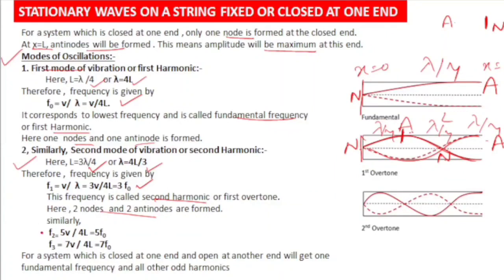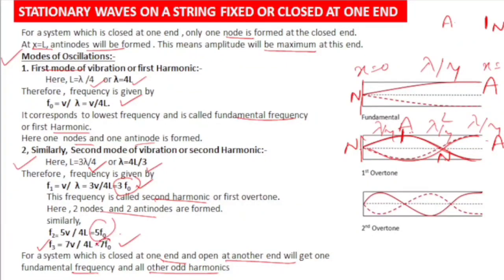Similarly, you can find the next frequency, the third mode of vibration. This is 5 times the fundamental frequency. The next frequency, the fourth mode of vibration, is 7 times the fundamental frequency. So for a system which is closed at one end and open at the other end, we get the fundamental frequency and all other odd harmonics. Like the second mode of vibration, the first overtone, is 3 times the fundamental frequency, next 5 times.